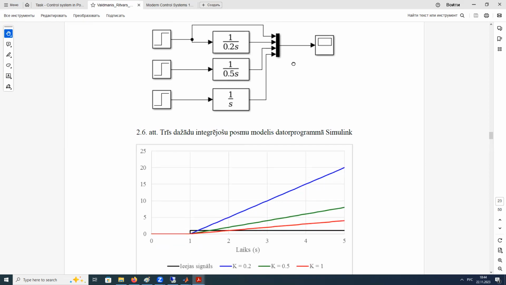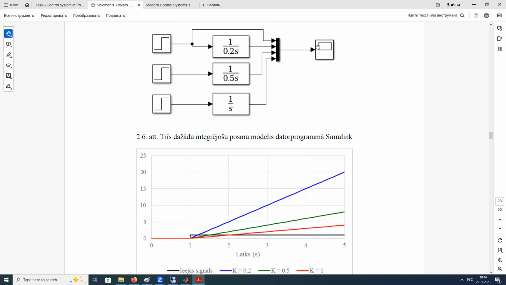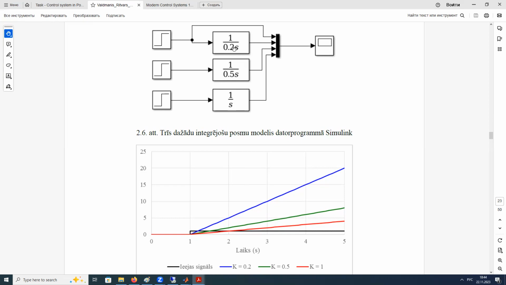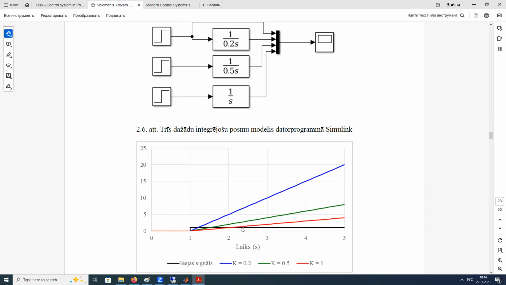And here we could see what will happen with this signal if we use an integrator with a different coefficient. So k is equal to 0.2, 0.5, and 1. And here we could see the difference.